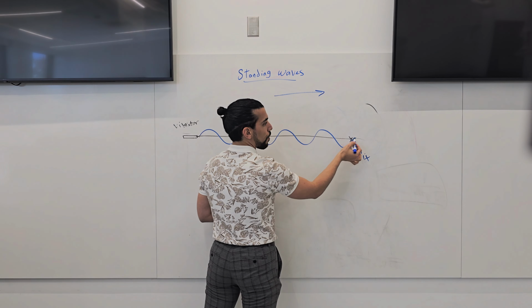From this function, we can see that lambda is equal to 1 over f, the frequency, multiplied by the square root of tension over mu, which means that the wavelength increases if I increase the tension, and also the wavelength increases if we decrease the frequency.